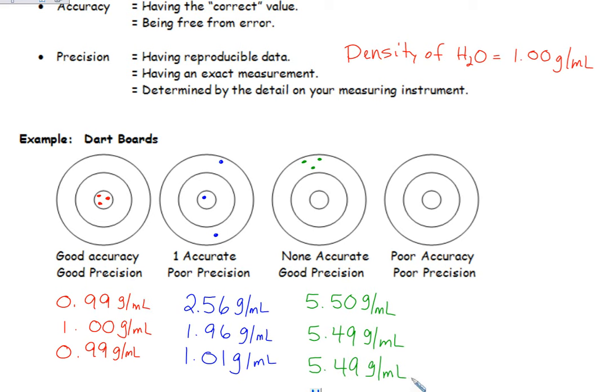Now somebody's explaining this in the conclusion of their lab report, and they'll say, overall, we do not have any accurate results, but our precision is good. Something like this makes me think that they made an error in their lab procedure or their measurements, or there was an error with their equipment, and they had the same error all 3 trials. Maybe they were using the electronic balance, and they never hit 0 when they put the weigh boat on there.